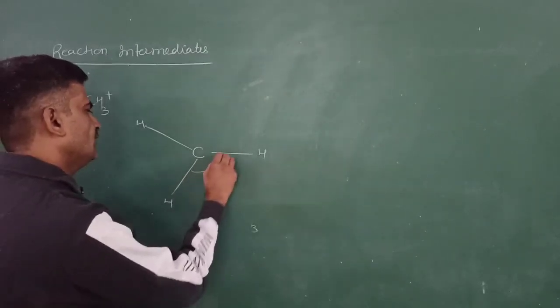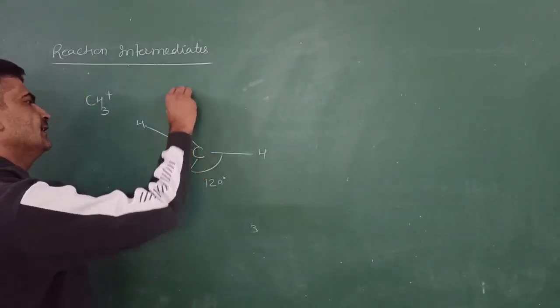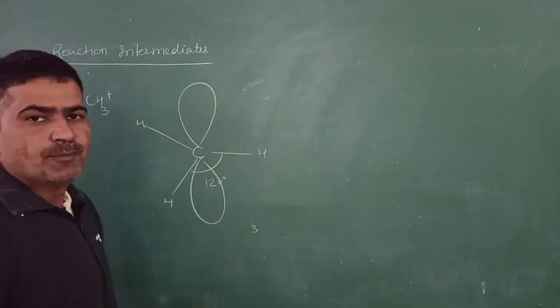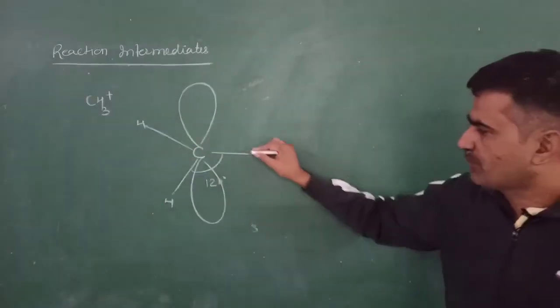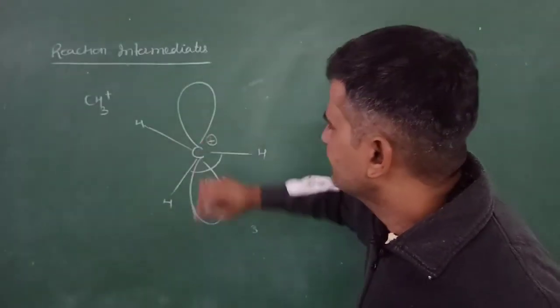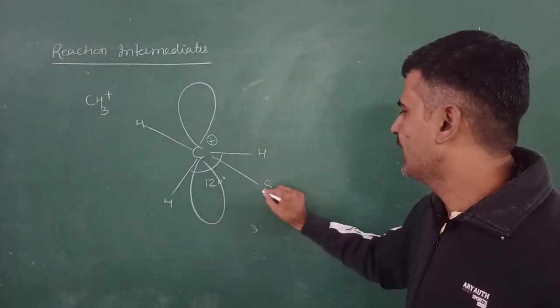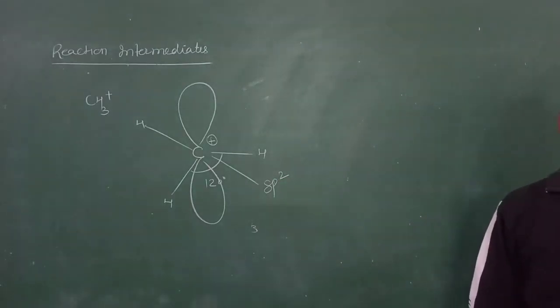Here the angle is 120 degrees, and one of the p orbitals is empty and lies perpendicular to the plane, and this carbon is positively charged and sp2 hybridized. This is the structure of a carbocation.